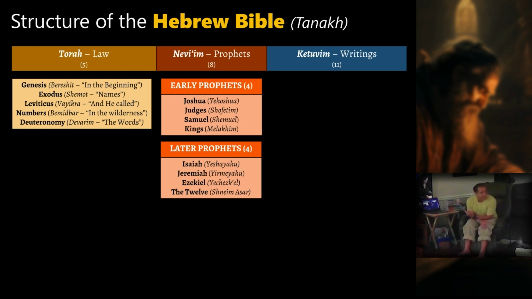But I think it makes sense for them to put the later prophets here because as you go through the early prophets, Joshua, Judges, Samuel, and Kings, towards the end of Kings, do you know who starts showing up? The later prophets, right? You have people like Isaiah showing up in the story, and they're getting on the people of Israel, telling them that if they don't get their act right, God's going to send them into exile. And so I think it fits that this is what you would have right here, right?